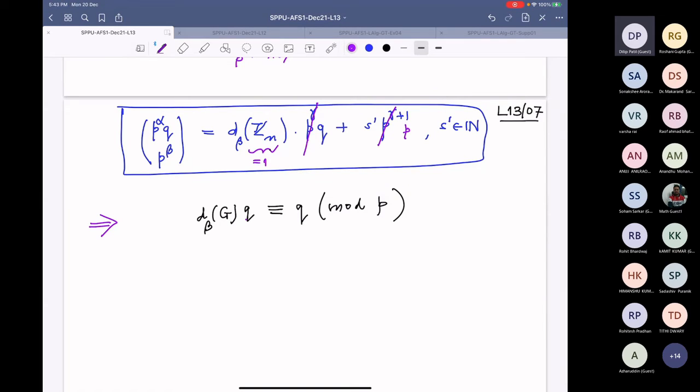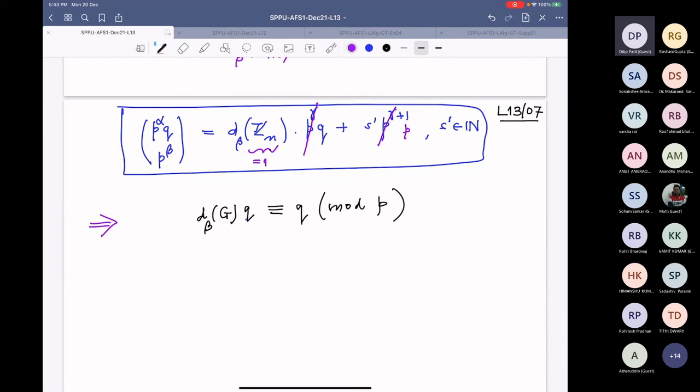So aren't these two congruent? Correct? Okay, you also use this bracketed formula for d beta Z mod n equals 1. Of course. Okay, so I got this.